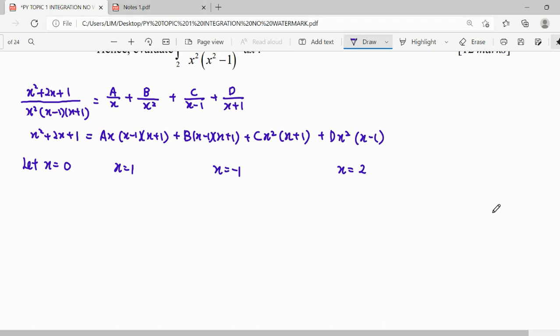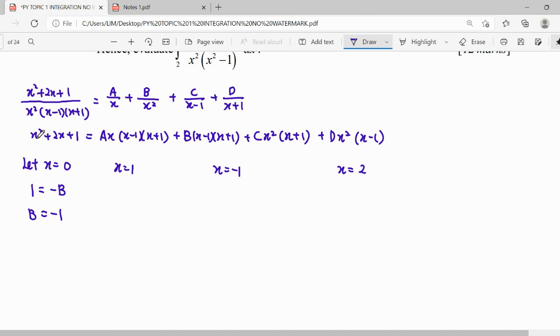So the next step, we substitute our x. When x is 0, we get 1. So this part times 0, everything is gone. So this is -1 times 1, -3... so here is 0, 0. So we get b equals -1. Okay, we move on to the second x value.